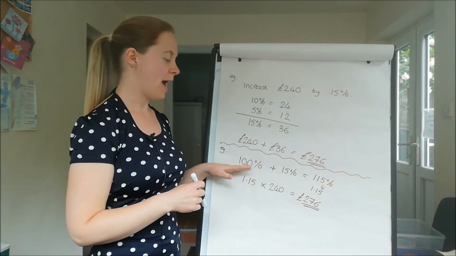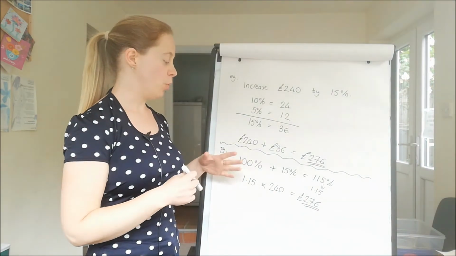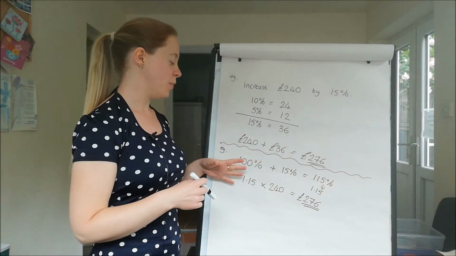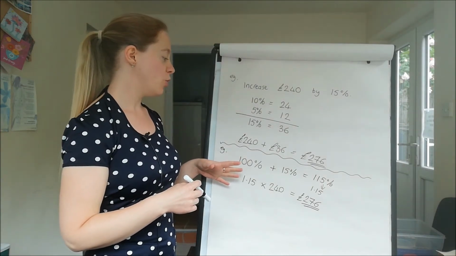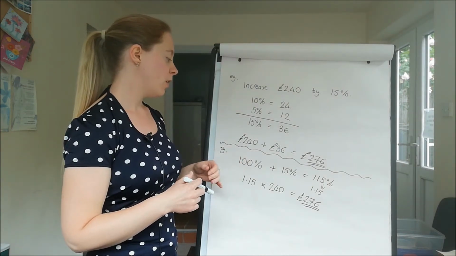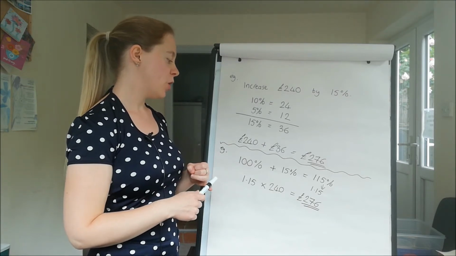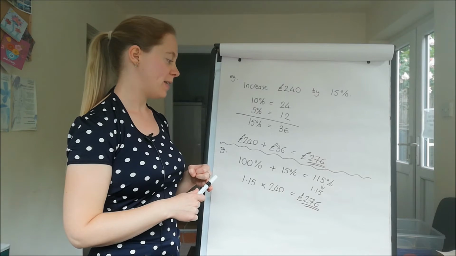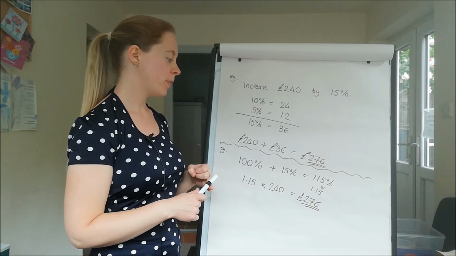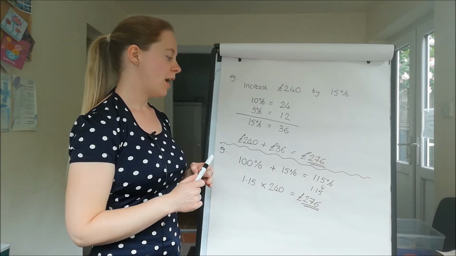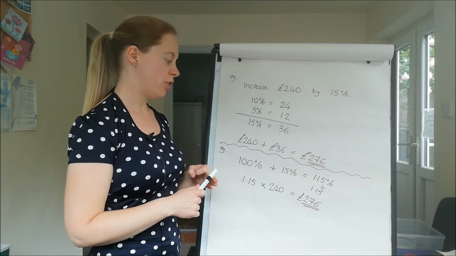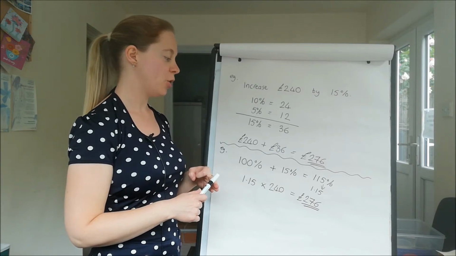When you've copied that down, if you want some words to go with that, some notes to go with it, just put add the given percent to 100% and convert the total percent to a decimal.